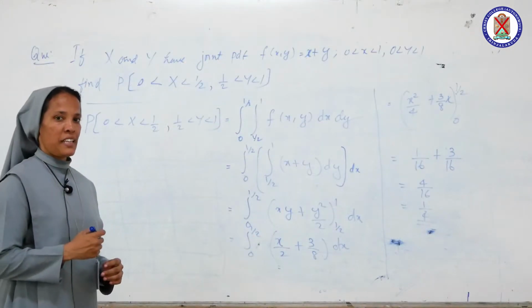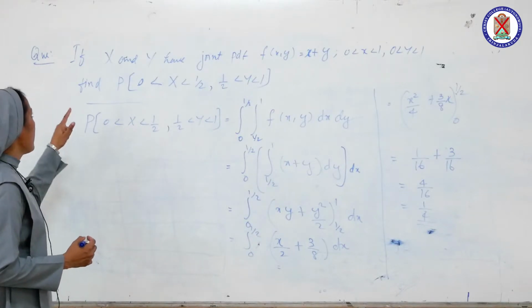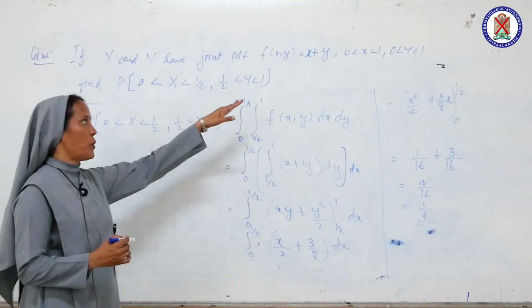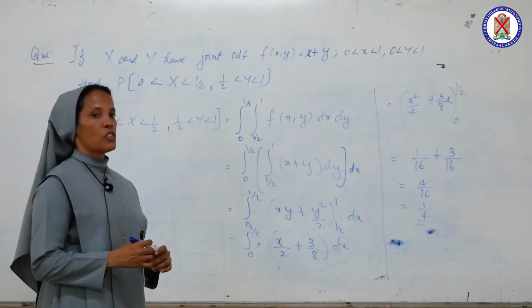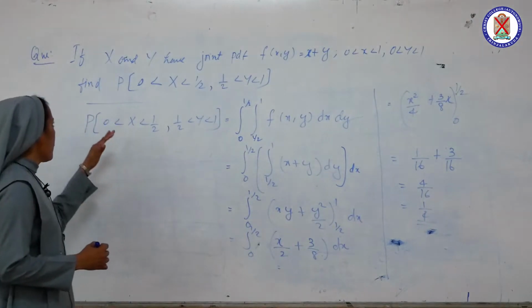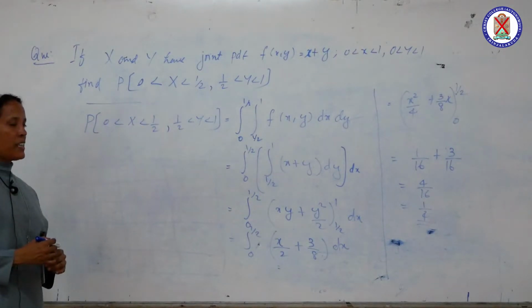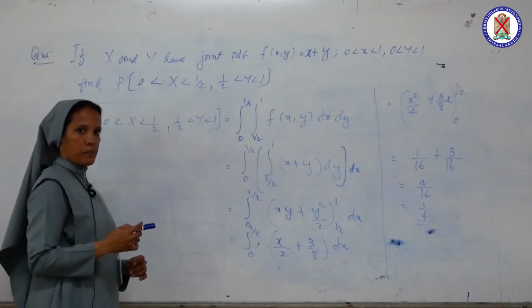Now we come to the next problem, the joint probability density function problem. If x and y have joint PDF f of x y is equal to x plus y, where x is ranging from 0 to 1 and y is also ranging from 0 to 1, we have to obtain the probability of 0 less than x less than 1/2 and 1/2 less than y less than 1.